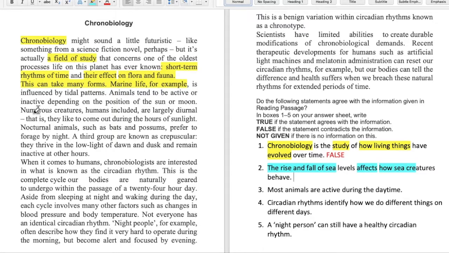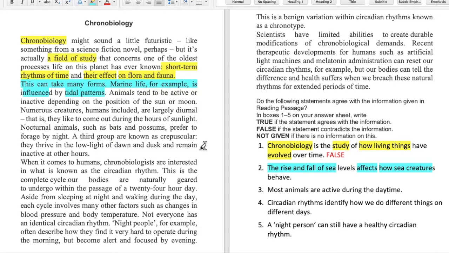Now if I read ahead, I read that this can take many forms. Marine life. Marine life is nothing but sea creatures, isn't it? Is influenced. Influenced is nothing but affect. So this is how I do paraphrasing. Then tidal patterns. What's tidal patterns? Tidal pattern is nothing but rise and fall of sea levels.